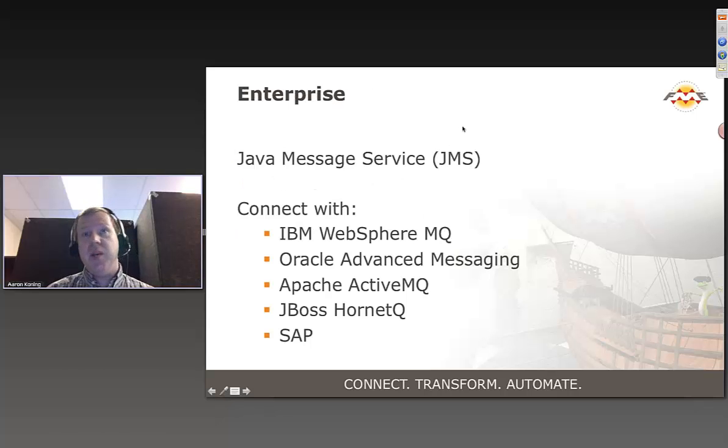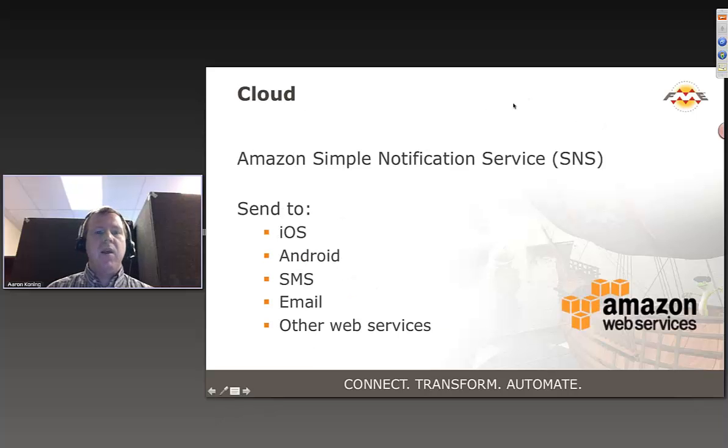Enterprise: if you are using JMS in your enterprise to link different systems, very common with bigger organizations, we support sending and receiving JMS messages. If you're looking at the future of using Amazon as your messaging service, we support SQS as well. And speaking of Amazon, if you are looking to send a lot of messages, a lot of notifications, I'd highly recommend taking a look at the Simple Notification Service.